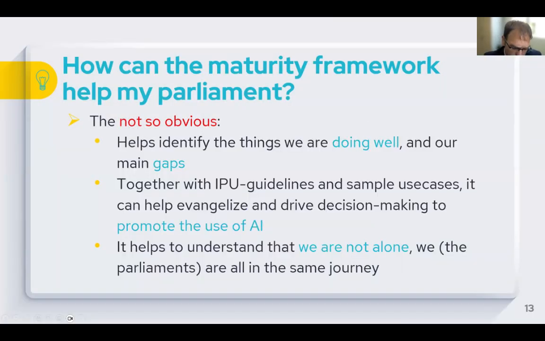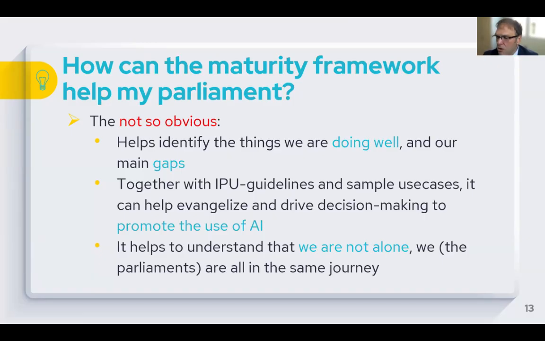And 3 other not so obvious things. The first one is the framework can help you identify the things that you are doing well and your main gaps, where you say, oh, here we are not so high, we need to improve this area. Also, together with the IPU guidelines and sample use cases on the IPU side, it can help you evangelize and drive decision making to promote the use of AI in your chamber.